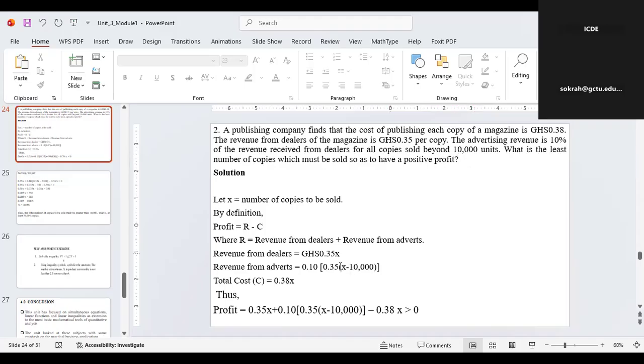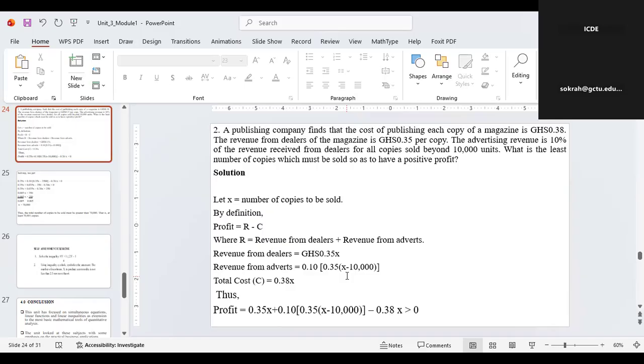So now, what is the X? The X is the total number of copies that you will sell. The advertising revenue will come to you only if you make sales of more than 10,000 copies.